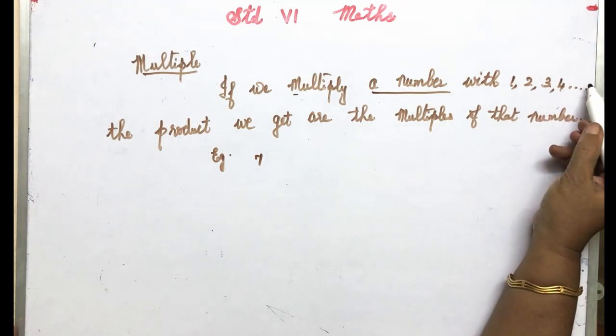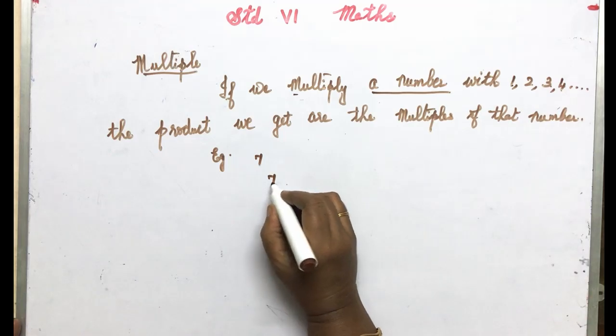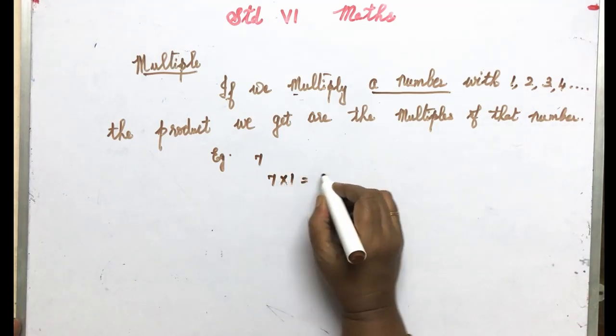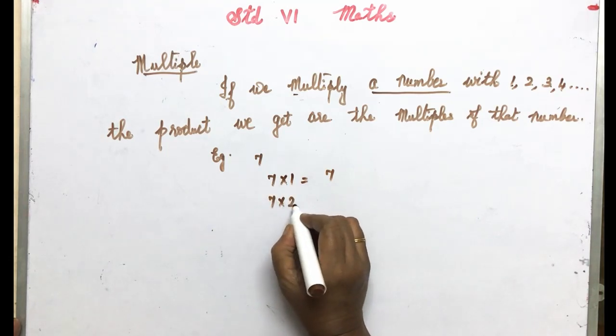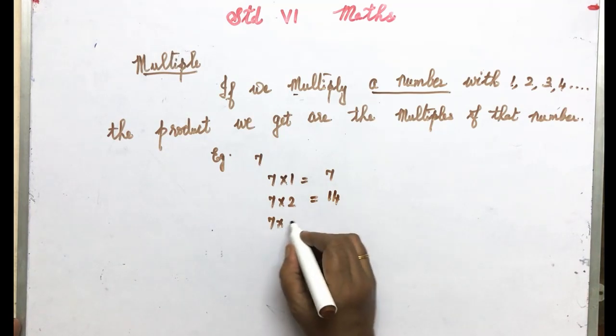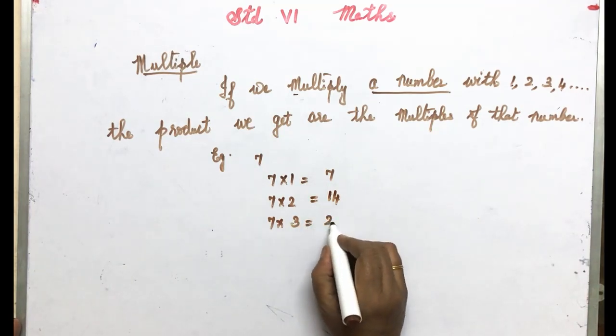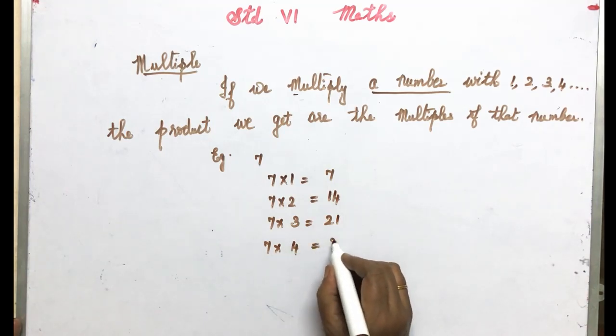How many multiples we want? That many numbers we should multiply. So if you multiply 7 with 1, we get 7 ones are 7. Next, if you multiply by 2, we get 14. Next, 7 with 3, 7 3s are 21. Next 7, if we multiply by 4, 7 4s are 28.